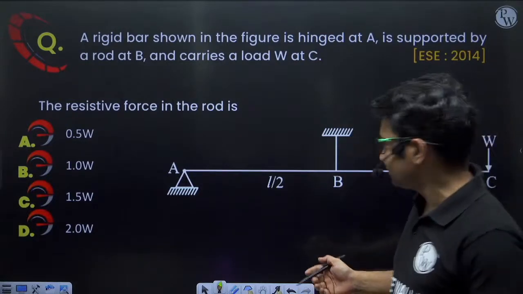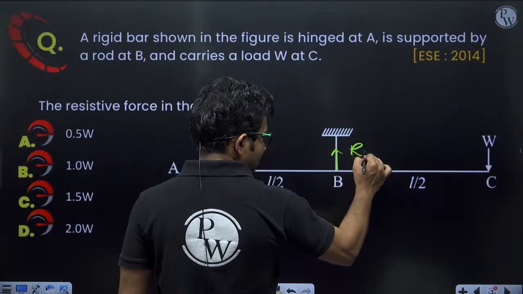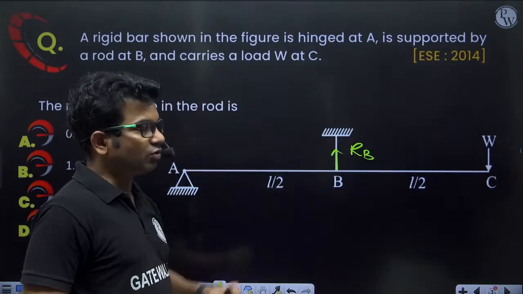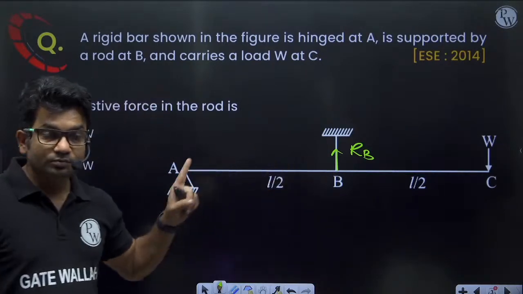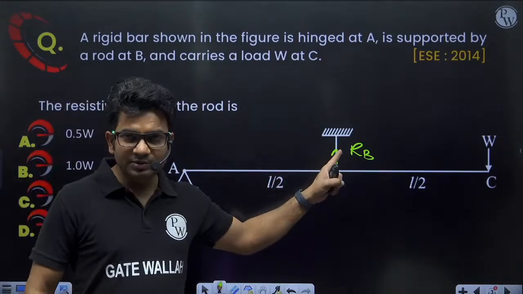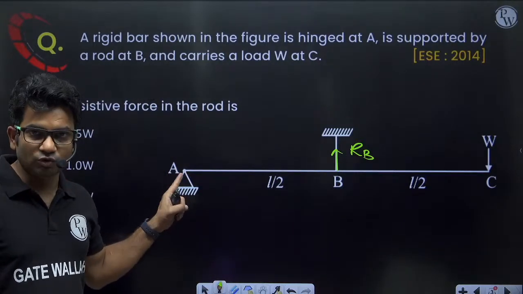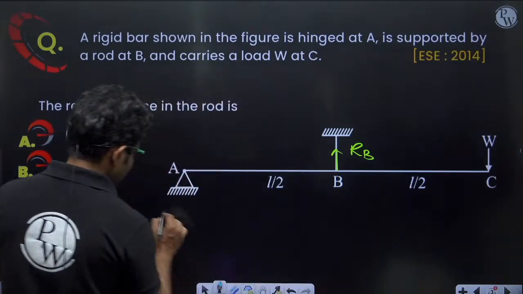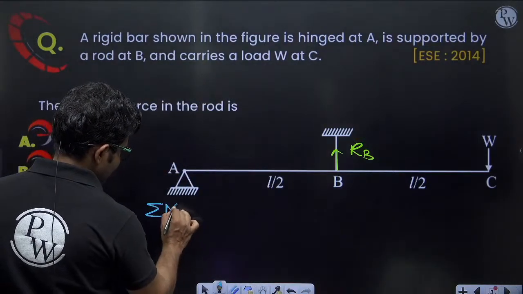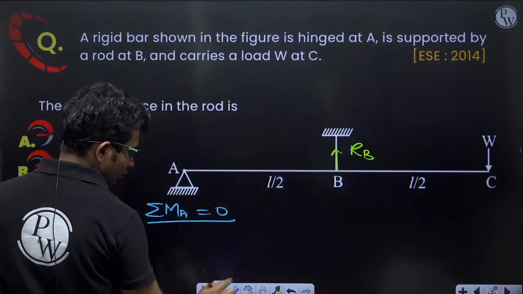Let us say the resistive force in this rod at point B is RB. Now how can we calculate RB? It is very simple. If we do summation of moment about A equal to 0, since bending moment at A will be 0, I will get the value of RB.